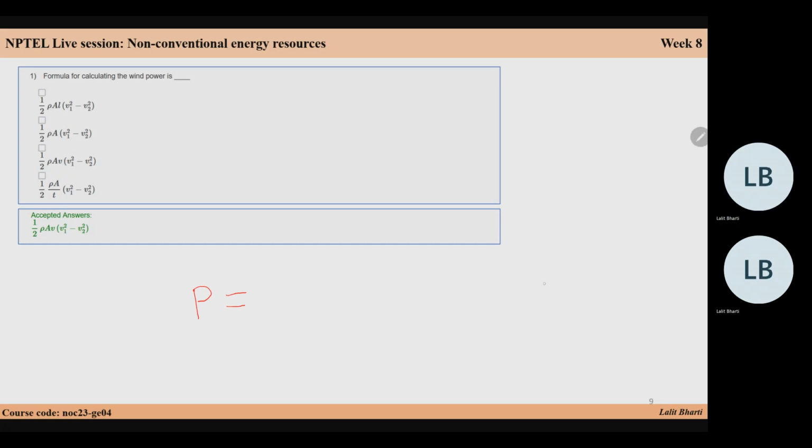So if we have some system, these are some blades.